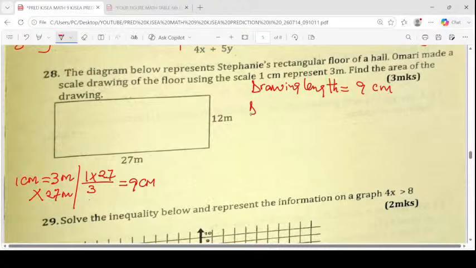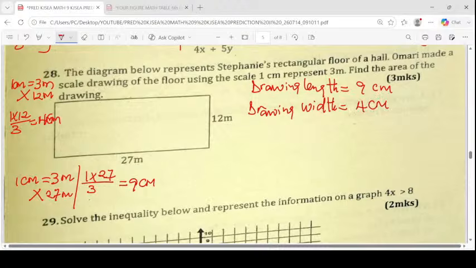Let's also get what is called the drawing width. Again, we apply the same formula. If 1 centimeter represents 3 meters, what about the width of 12 meters? You cross multiply. This will be 1 times 12 divided by 3, which is 4. Sorry, 4 centimeters, not meters. So the drawing width is 4 centimeters.